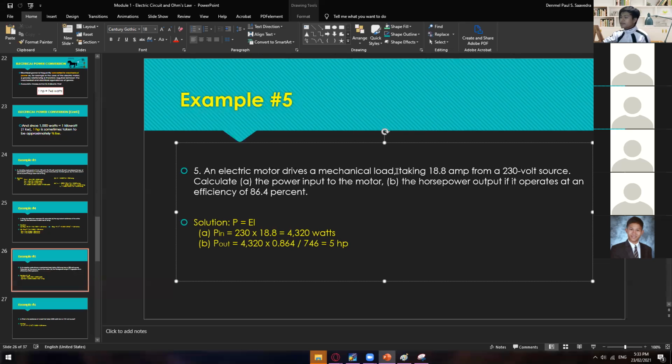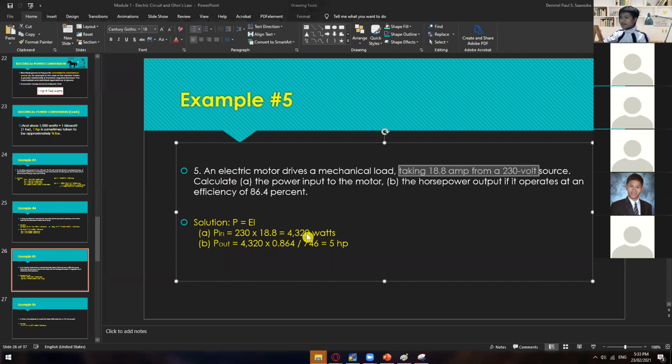The given variables are the I and the voltage source, so we can simply use the formula P is equal to E times I. E is 230 and I is 18.8, so you will get 4,320 watts.